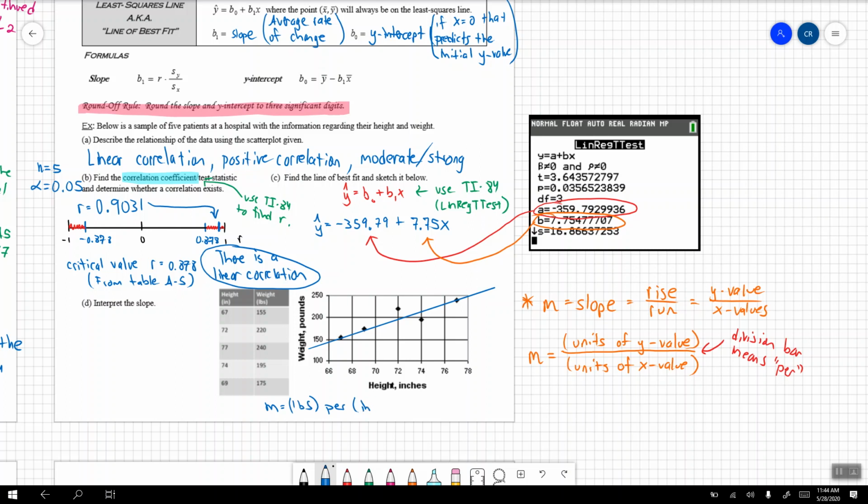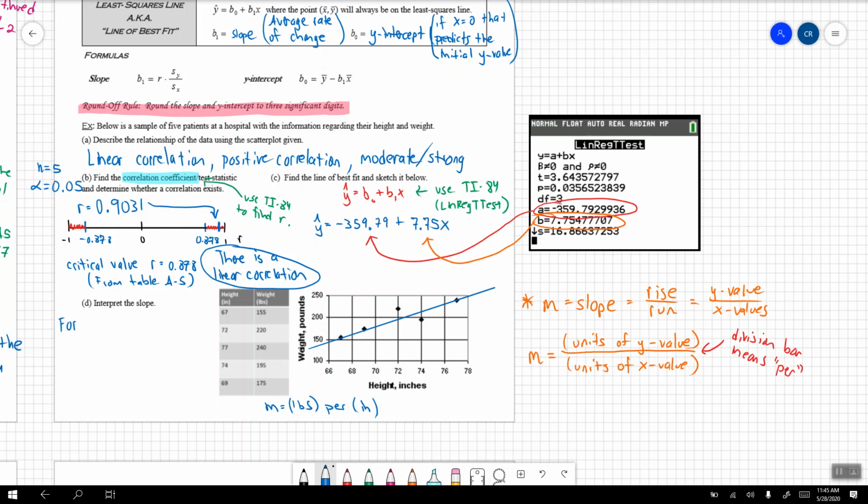So for this particular question, when we look at slope, slope is going to be in pounds per inch. And I used abbreviations here, LBS and IN. LBS for pounds, IN for inches. So pounds per inch. So let's now look at this. Interpret the slope.